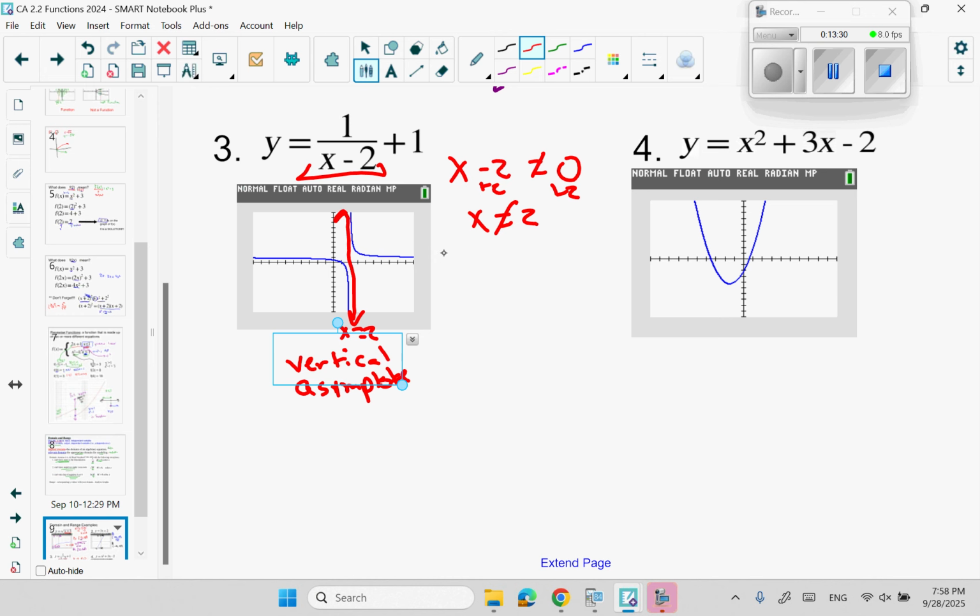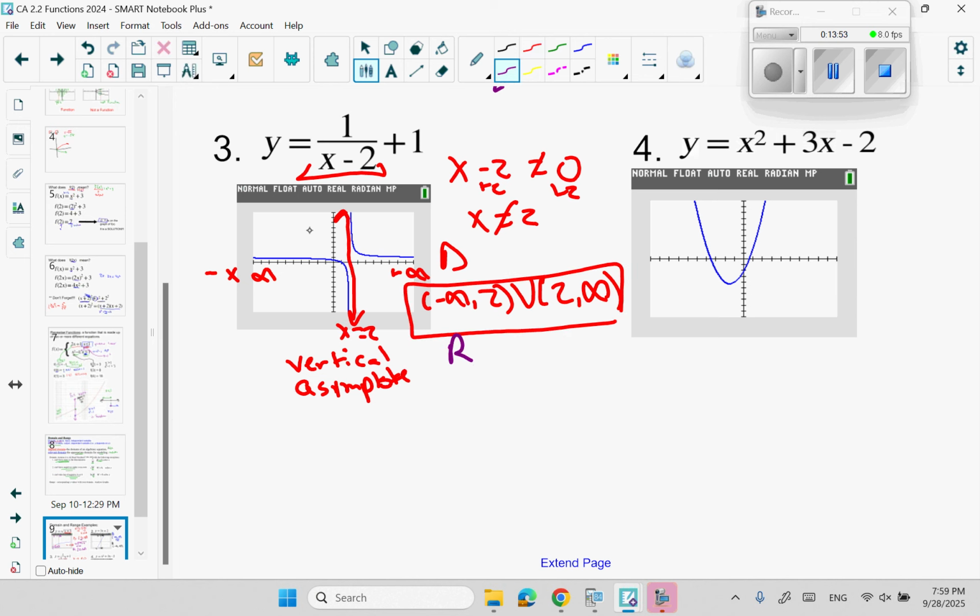So when I go to write my domain, I get all the negative x infinity values and all the positive x infinity values except for 2. So my domain could be negative infinity to 2, union 2 to infinity.